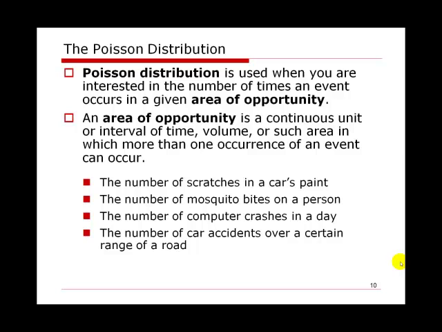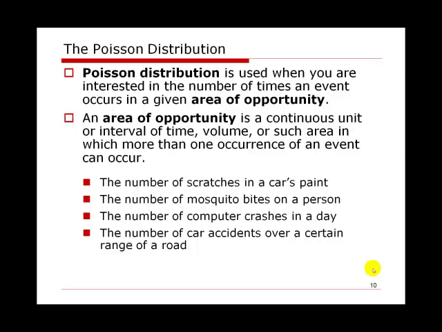For the Poisson distribution, the area of opportunity usually is a totally different measurement from the event that occurs. For example, the number of scratches in a car's paint: the area of opportunity is the whole area of the car's paint, but the event we are looking for is the number of scratches, which is in a totally different measurement from the car's paint.